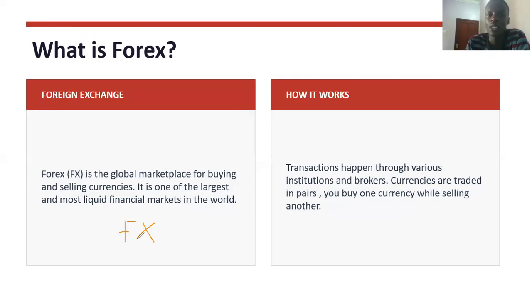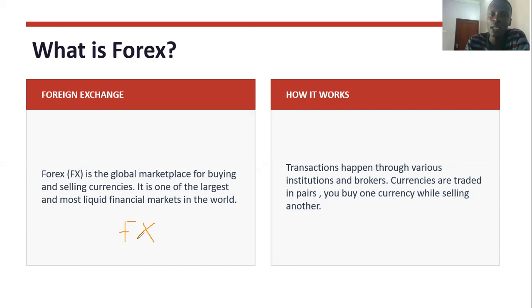All these currencies are derived from various countries like the US, Britain, the Euro, Japan, China with the Chinese yuan, and South Africa with the South African rand.